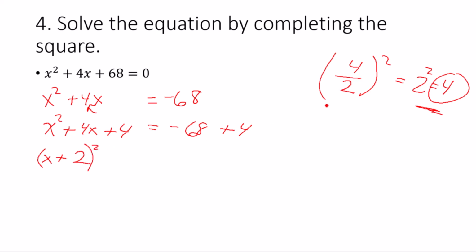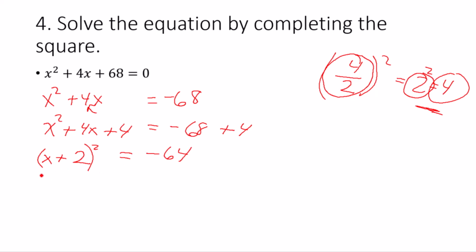Where do we get the 2? It's this number that we squared over here, the number you get when you divide by 2. Now, that's the entire left side because it's a square. On the right side, a negative 64 is what we've got.